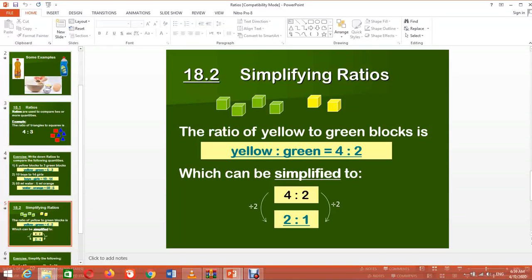And 2:4 can be simplified to 1:2. 2 will cancel 2, 1; 2 will cancel 4, 2. That is, 2:4 has been reduced to 1:2.